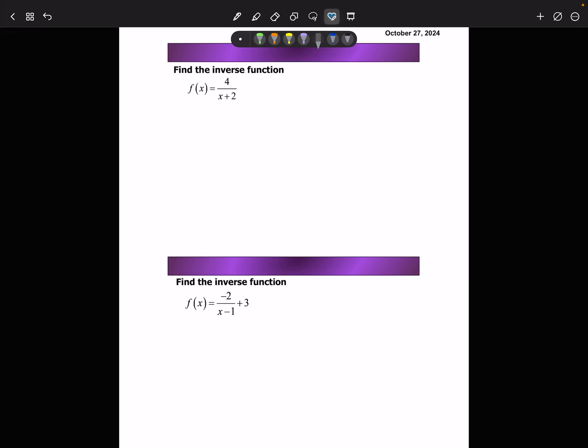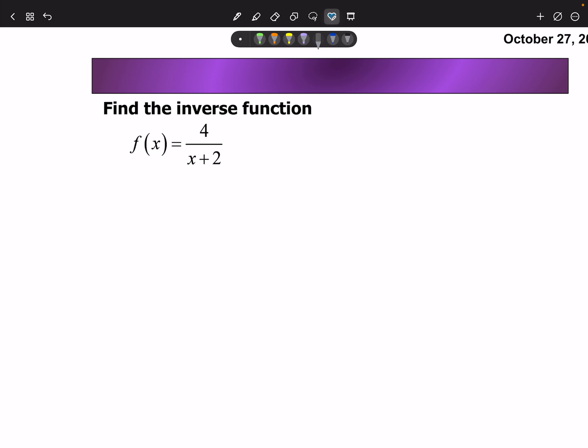So our rational function here is f of x equals 4 over x plus 2. I am going to change the f of x to a y. I'm going to flip the x's and y's, so I have x equals 4 over y plus 2. And now I need to solve for y.